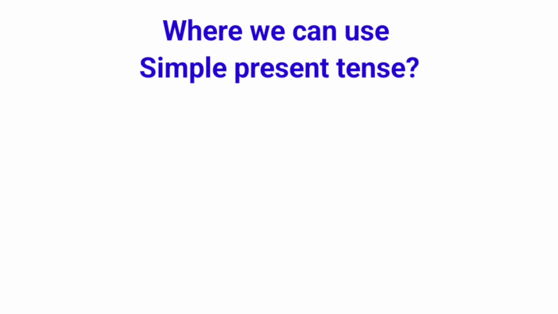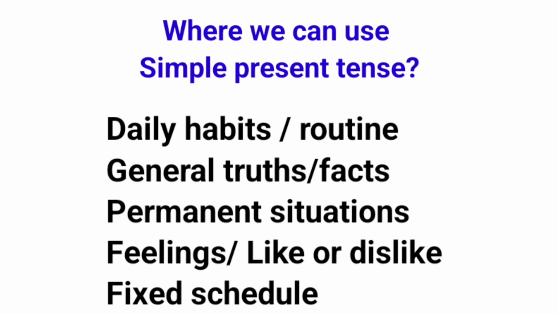Actually, where can we use the simple present tense? Mainly, we use it in 5 situations. First, daily habits or routines, things we do regularly. Next, general truths or facts, universal truths or scientific facts.